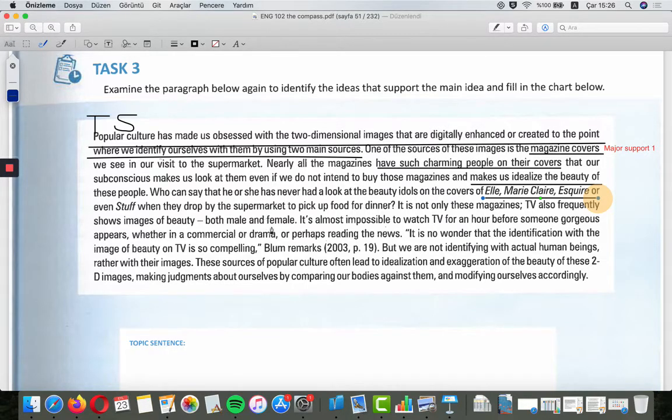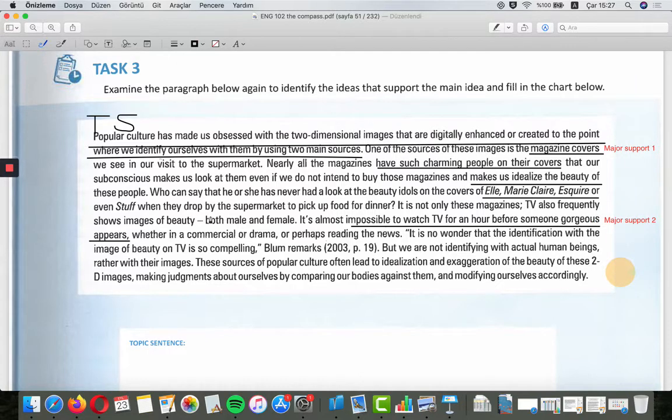Then I look at here. It says it's almost impossible to watch TV for an hour before someone gorgeous appears. Now, you can guess, this is my major support number two.